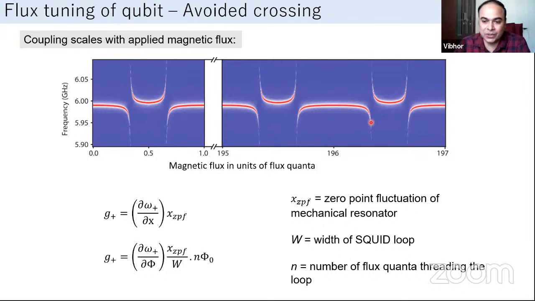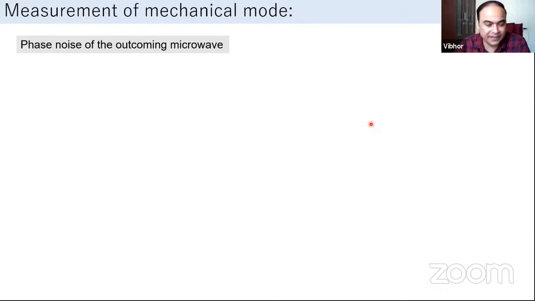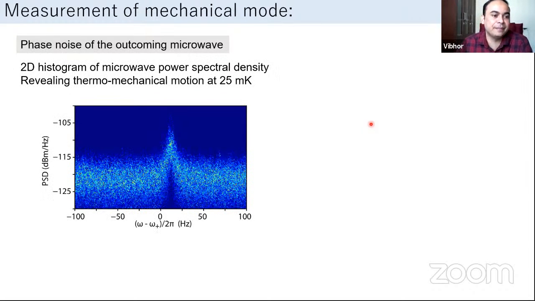So in order to characterize the mechanical resonator, we send in a microwave tone at one of these slopes and try to measure the phase noise in the outgoing microwave. What you see on this color plot is the power spectral density of the microwave noise coming out from the system as it is driven on one of these higher slopes of the dressed mode.